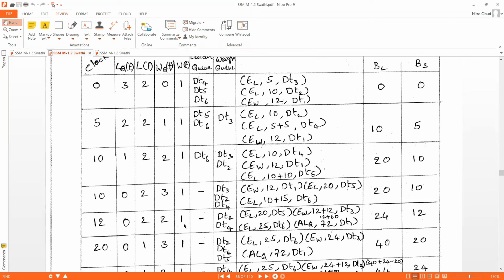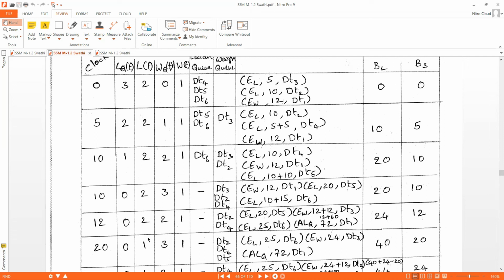From the weighing scale, DT1 will move to traveling. Since the weighing scale is free, one truck from the weighing queue will join the weighing scale. Queues are always first come first served.